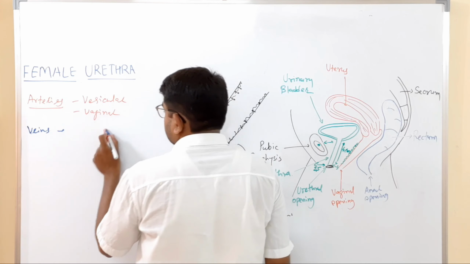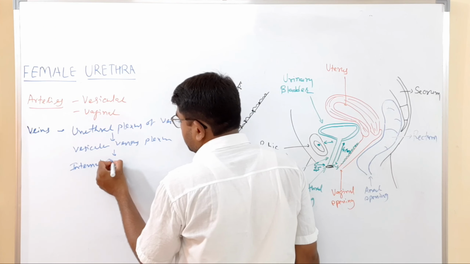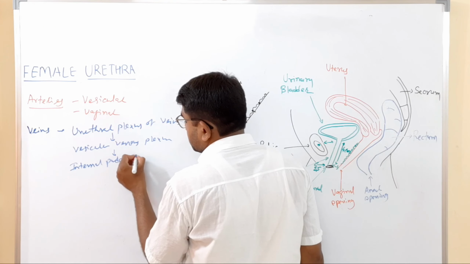This vesicular venous plexus is drained by the internal pudendal vein, and through this internal pudendal vein into the internal iliac veins.